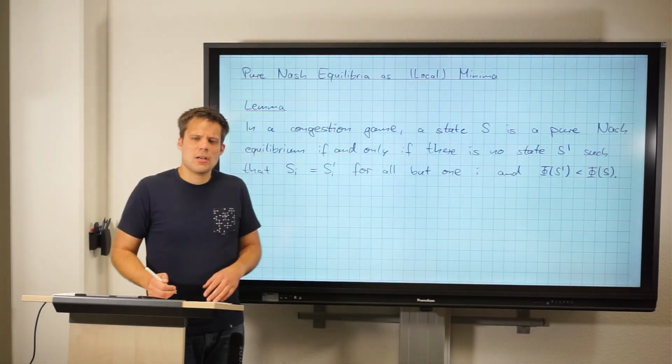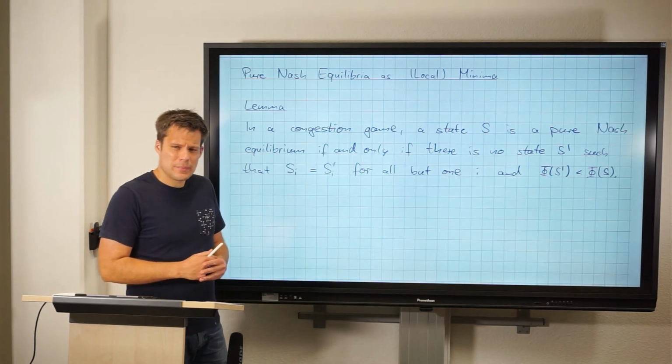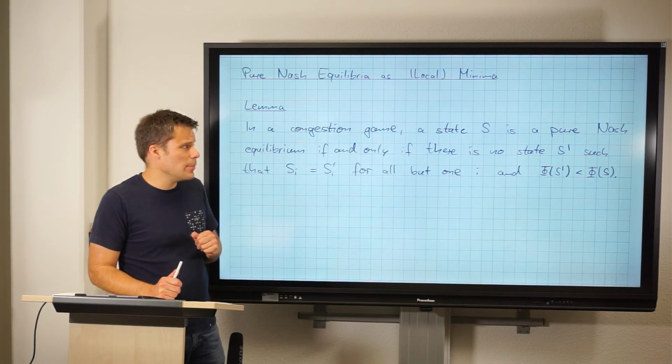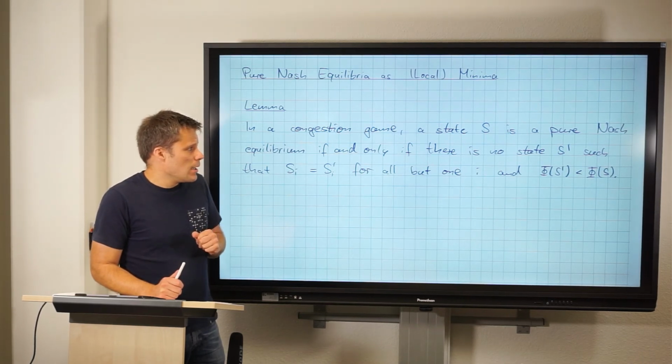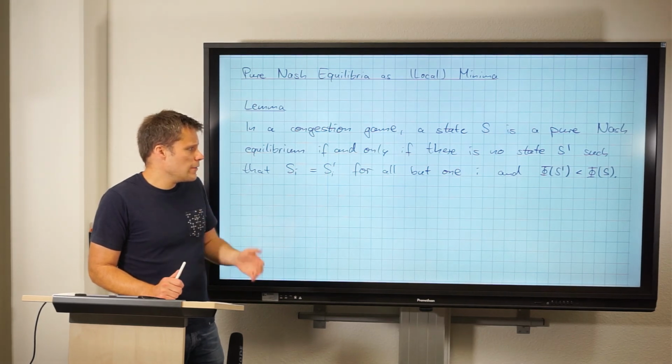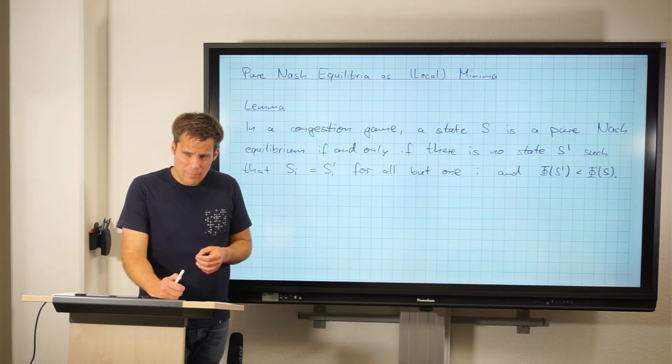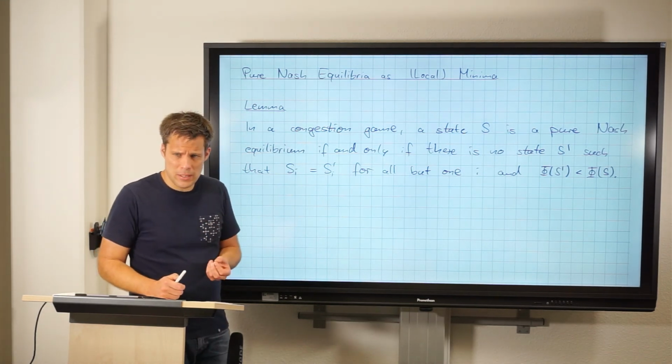So let's first talk about what this lemma means. I claim this is something we can understand as a local minimum. A state S is a pure Nash equilibrium if and only if it is a local minimum of the Rosenthal potential. And what does local minimum mean?